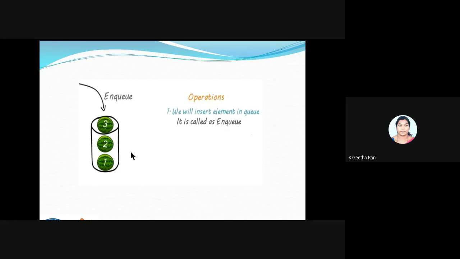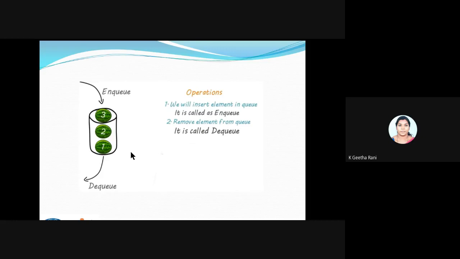My insertion always occurs at the top. At the top I'll be putting the data, like putting the watermelon into the hollow cylinder. That particular entry is called an enqueue. And my second operation is to remove an element from the queue. I'll call this operation a dequeue.